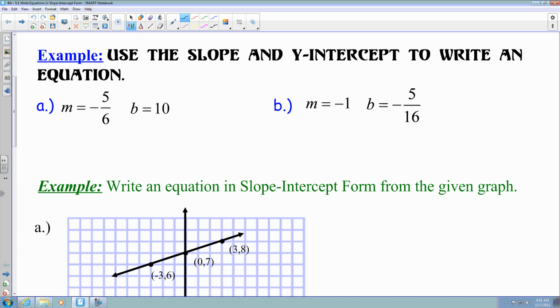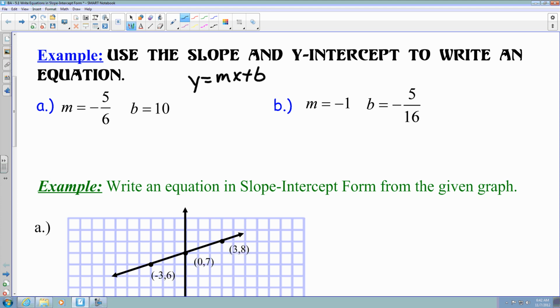Here, they give you the slope and the y-intercept, and they want you to use them to write an equation. So the general equation is slope-intercept form, y equals mx plus b. All we're doing is substituting in the variables with our numeric value.